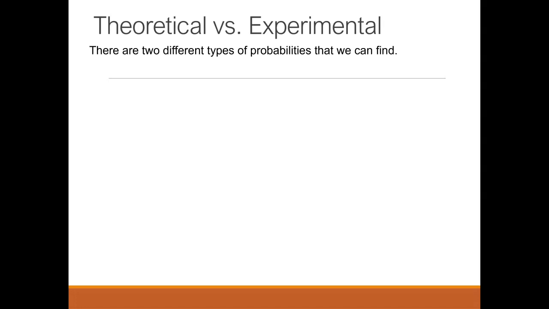So when we talk about probability, there's really two different types: experimental probability and theoretical probability. If I flip a coin once, the probability I get heads is 50%.